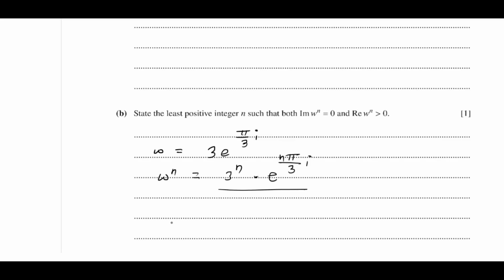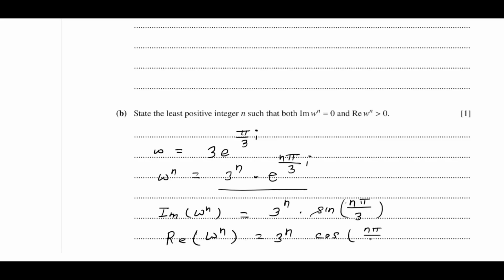And I have the imaginary part of w^n equal to 3^n times sin of nπ/3, and the real part of w^n is 3^n times cos of nπ/3.